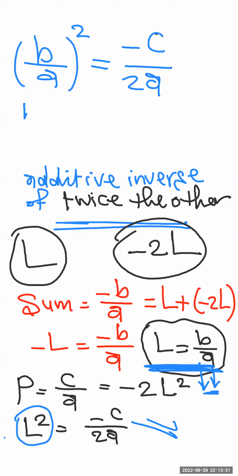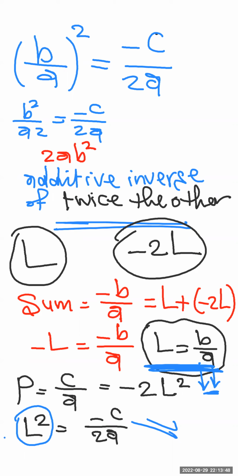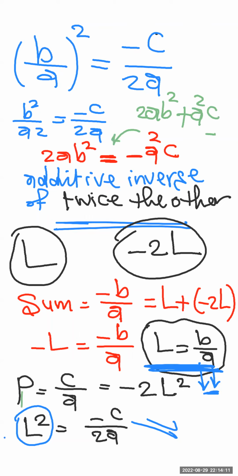So simply b squared over a squared will equal negative c over 2a. Using cross multiplication, this means 2ab squared will equal negative a squared c. So simply the condition will be 2ab squared plus a squared c equals 0. That's it.